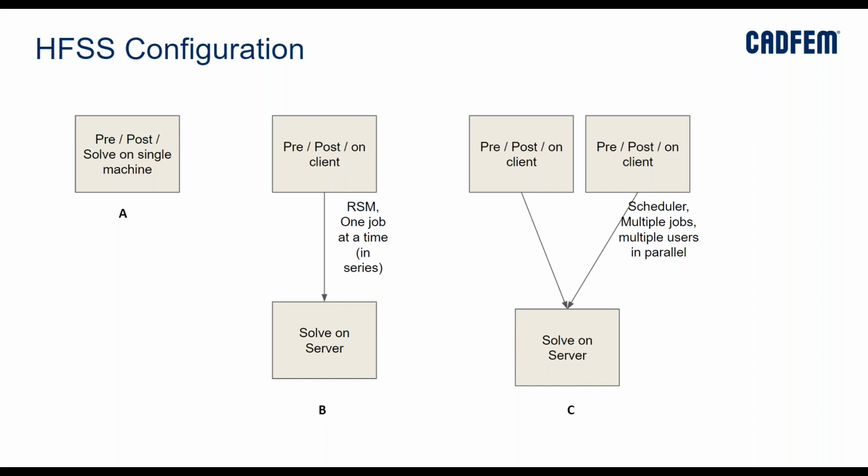So configuration C also does not need any extra licenses, it just needs the configuration. And it's not as easy as RSM. You would need probably Bob's help. I mean, if your IT can do it, then be our guest, go ahead. If not, then Bob can help you with that. Here, the only difference between B and C is that C would install something called a scheduler.